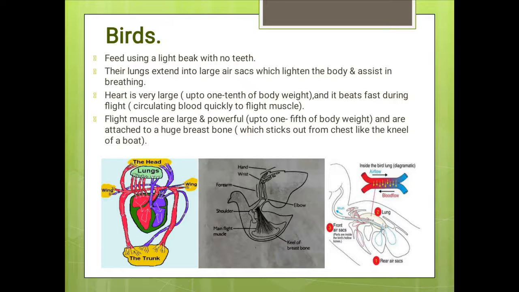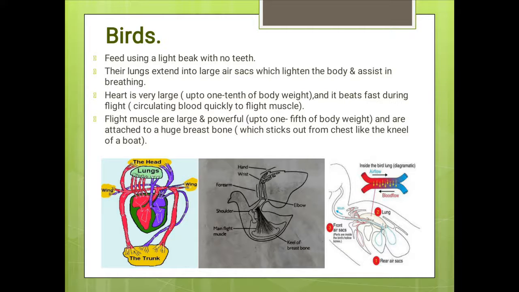Birds feed by using their beak, and for that they do not require any teeth. And while they breathe, their lungs extend into large air sacs which assist in breathing and even make their body lighter. Well, the heart of a bird is very large, which can be up to 1/10 of its body weight, and the heart beats very fast while they are flying, and it also circulates the blood quickly to the flight muscle.